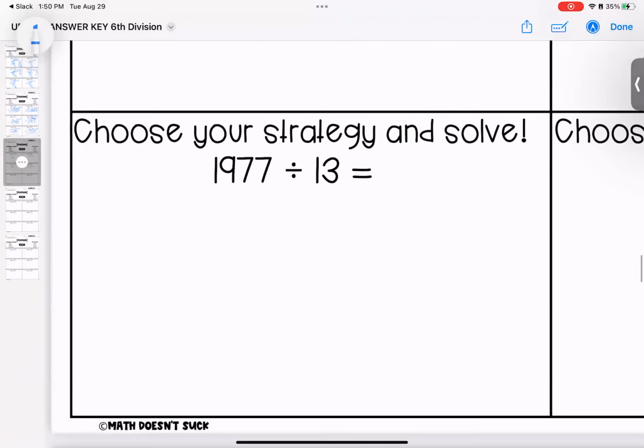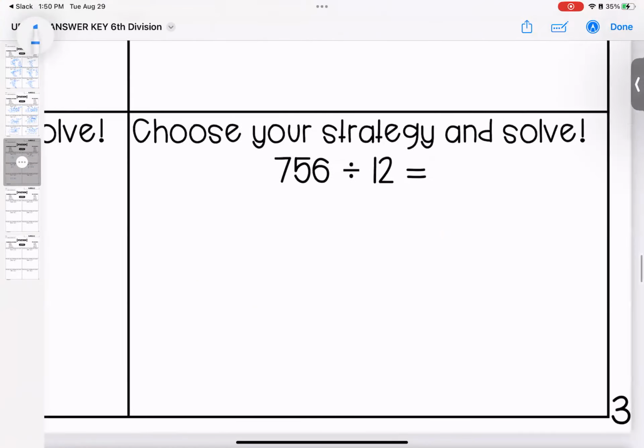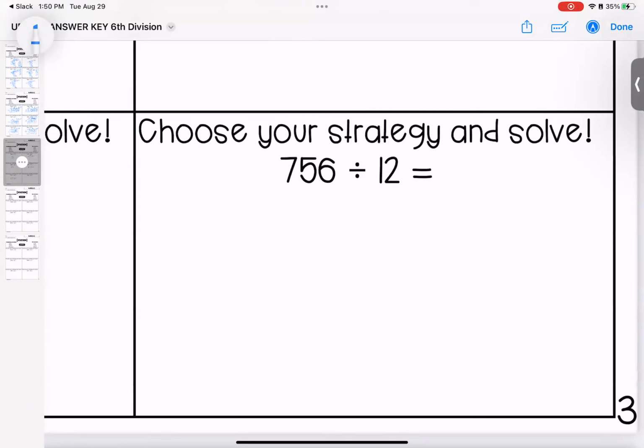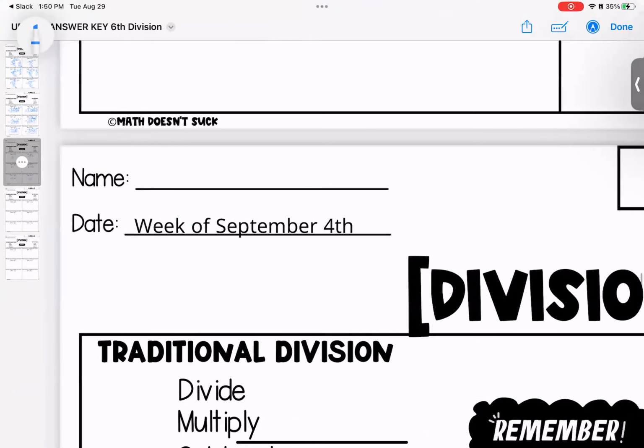Coming over here, 1,977 divided by 13 is going to be 152 with a remainder of 1. Last one for this page, 756 divided by 12 goes in evenly 63 times. If you have questions, go ahead and bring them with you to class.